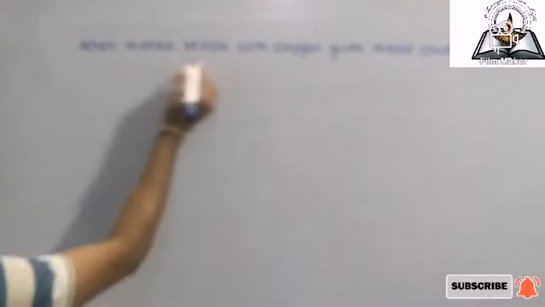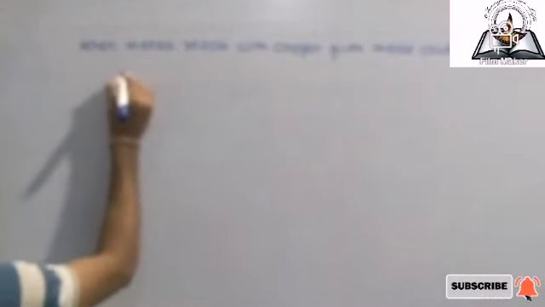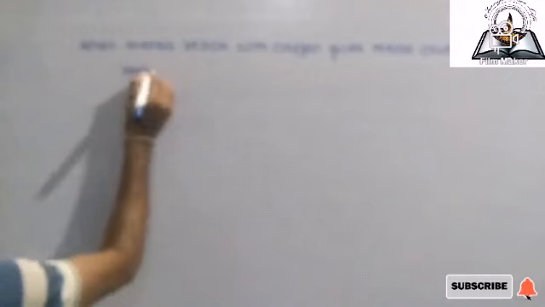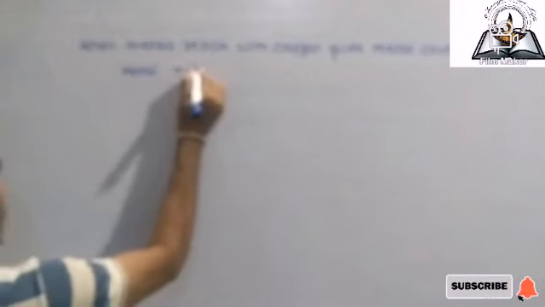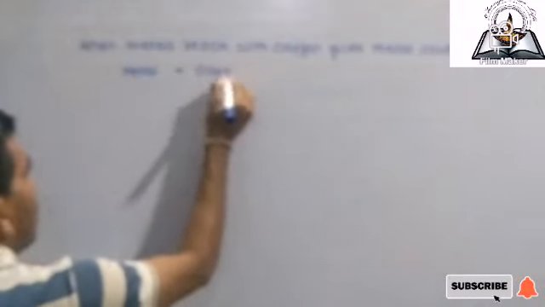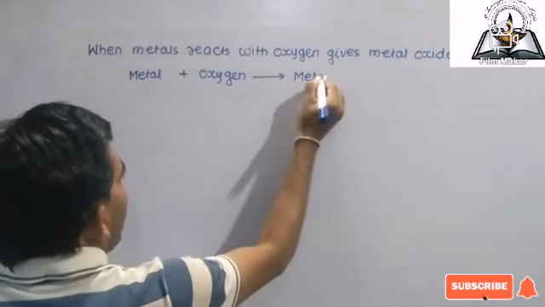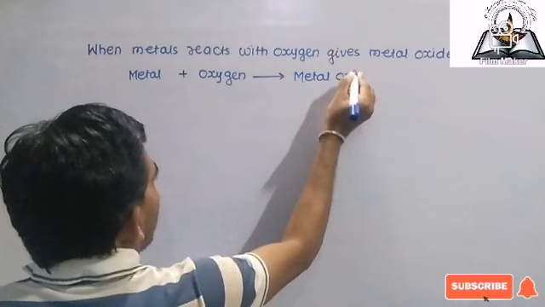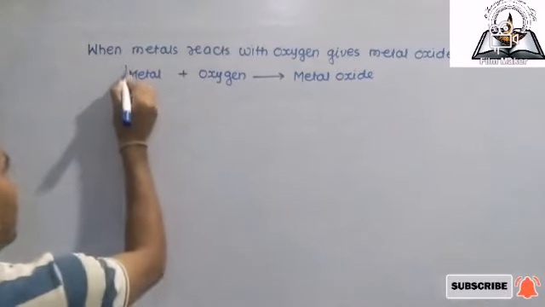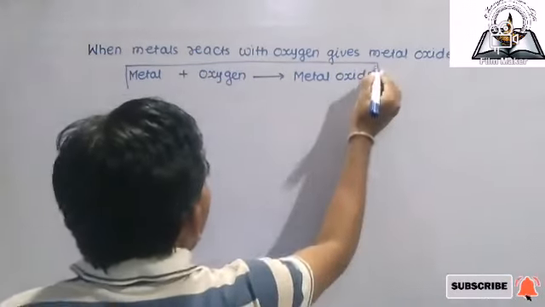The reaction of metals differs with the reactivity of metals. So that is the general reaction. We can write it as: metal plus oxygen gives metal oxide. So this one is the general reaction.